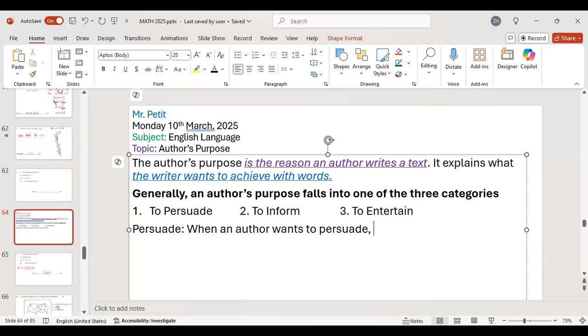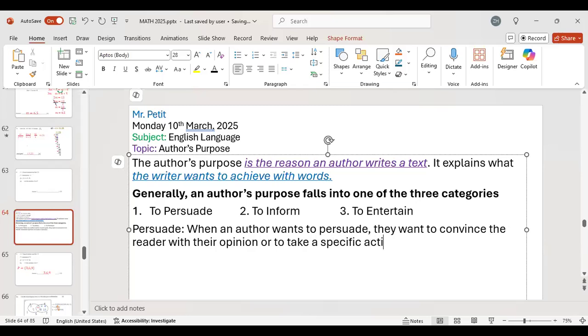So when an author wants to persuade, they want to convince you, the reader, with their opinion, or to take a specific what? Action. Okay, so that's their goal when they want to persuade you.